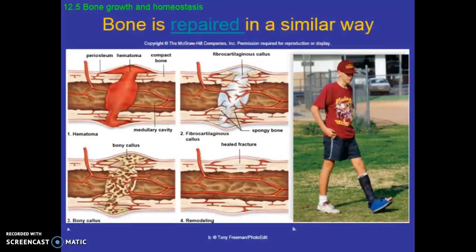All right, bone is constantly being repaired, and you can have, this is a major break where you have a hematoma that occurs with this break. Then you have what's called a fibrocollagenous callus that develops. Then you have a bony callus and then you have the remodeling process, and you have finally the healing of that bone.